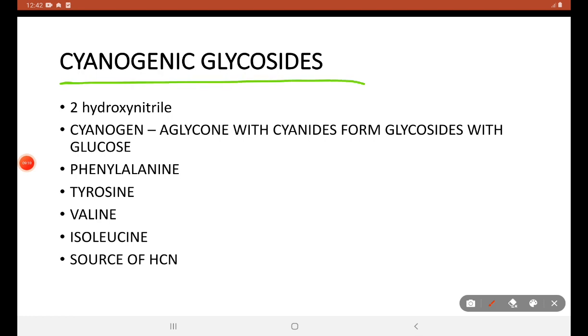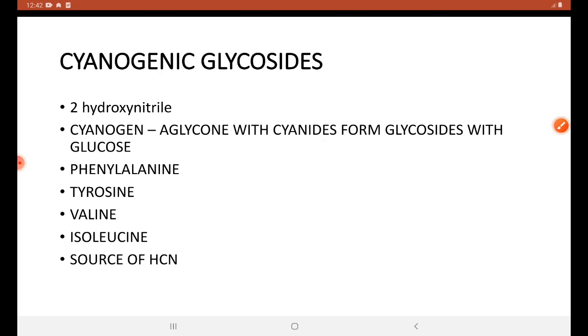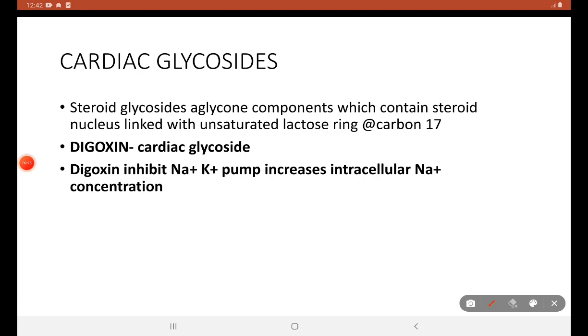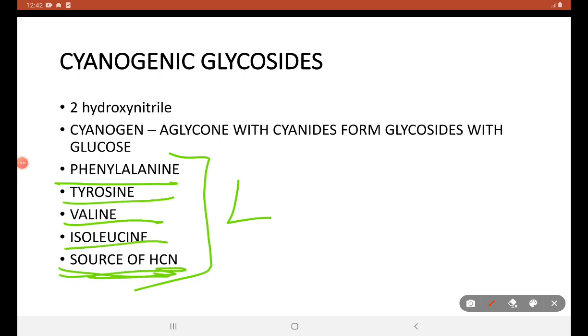Cyanogenic glycosides inhibit iron, they inhibit cytochrome oxidase. They are derived from L-amino acids: phenylalanine, tyrosine, valine, isoleucine, and are a source of HCN. Cyanogen is an aglycone with a cyanide group.